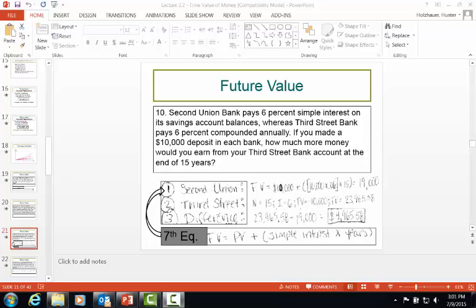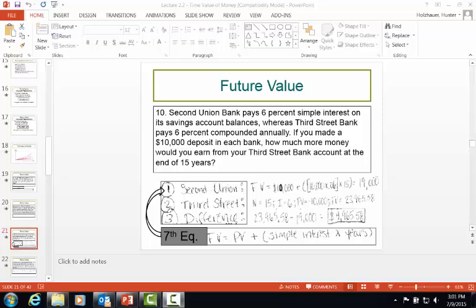So for Second Union, you're going to have $10,000, which is your present value, and then you're going to have $10,000 times 6% to get the simple interest per year. So that would be $600, and then you're going to multiply that times the number of years, which is 15. So $600 times 15 equals $9,000, and if you add that to the $10,000, you get $19,000.